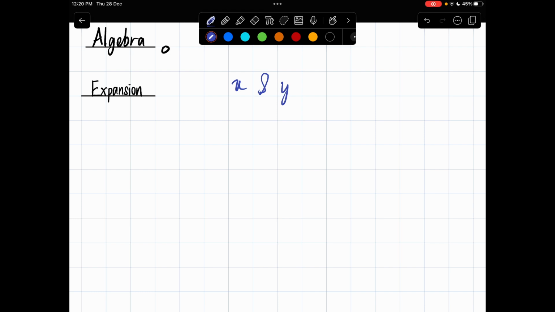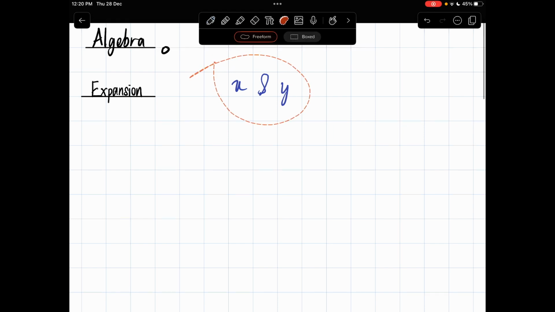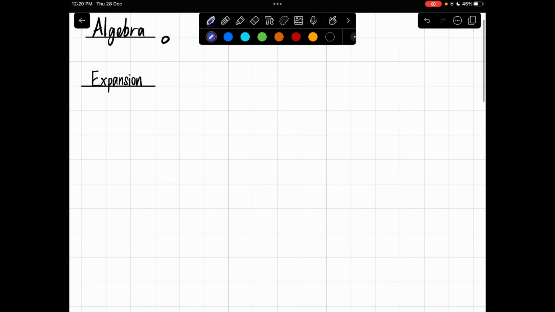So for expansion, before we get into using unknowns, it's important to understand the concepts. Expansion works something like this. There will be a number outside, for example, 6, and there will be an expression or a term or a number inside a bracket. So in this instance, let's put 8 plus 6.